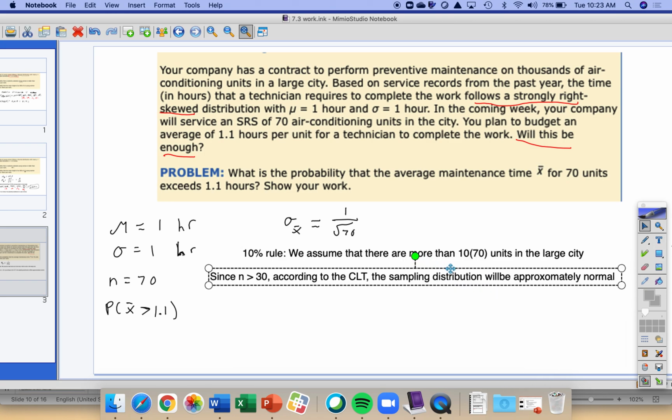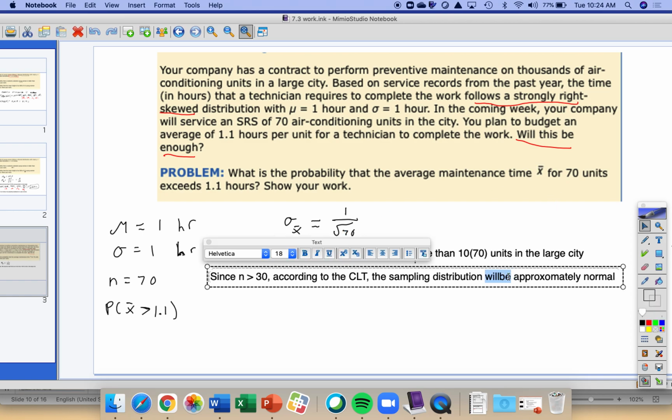Okay, not exactly normal, but approximately normal. That's different than the first one. The first example we did, the population was normal, so therefore the sampling distribution is exactly normal. This sampling distribution won't be exactly normal, it'll be approximately normal.